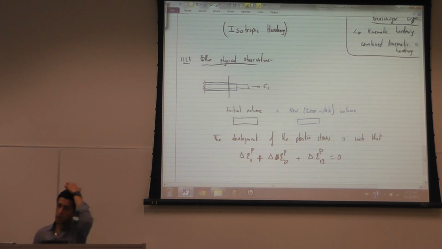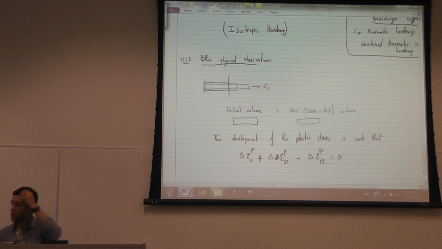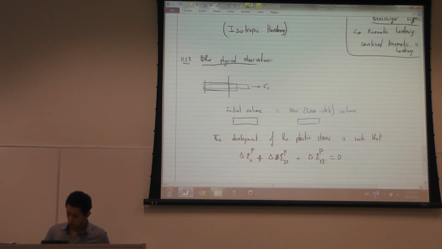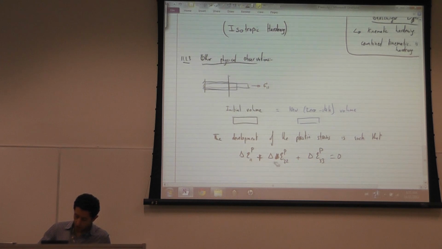That's not true for any other plasticity, but for metals, the change in volume is 0 as you develop plastic strains.